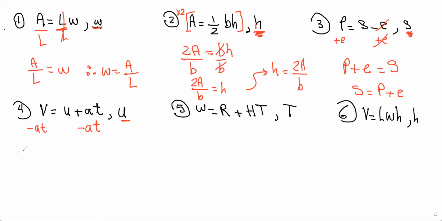So this becomes V minus AT equals, that will cancel. And then you get the U right here, and better to write the U first, U equals V minus AT. Clear? Quick Y if you got it.